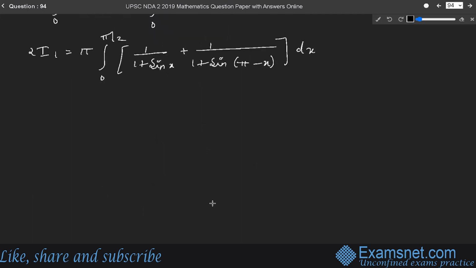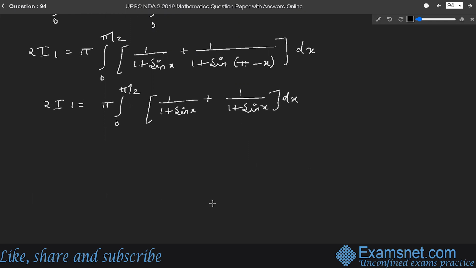Therefore, 2I1 will be equal to pi into integral of 0 to pi by 2 into 1 upon 1 plus sin x plus 1 upon 1 plus sin x dx. So 2I1 will be equal to 2 pi integral of 0 to pi by 2, then 1 upon 1 plus sin x dx.